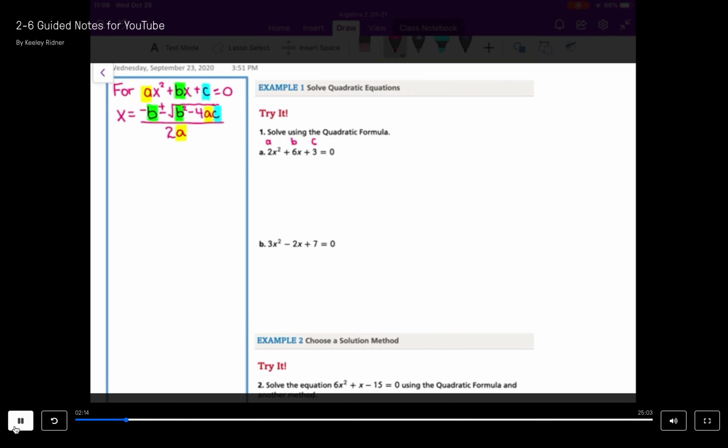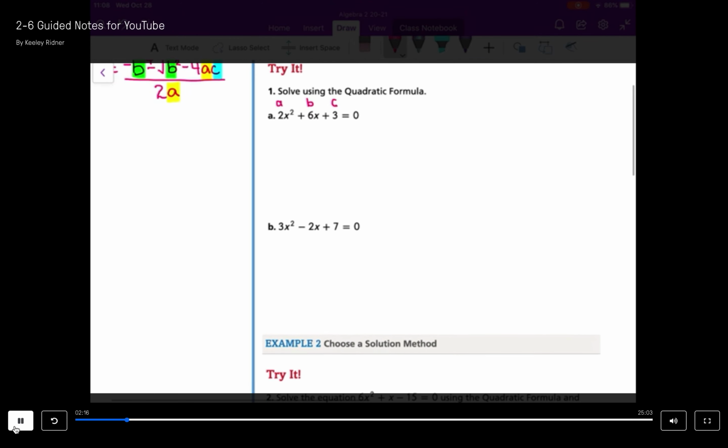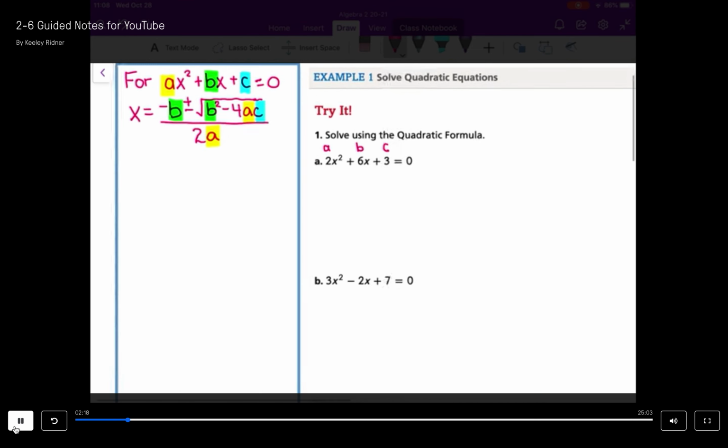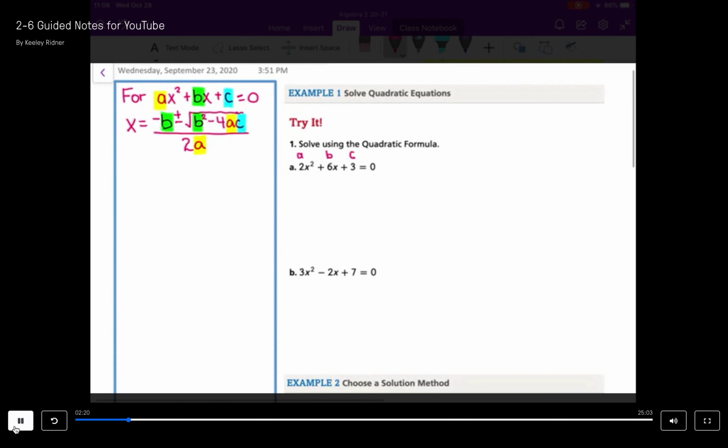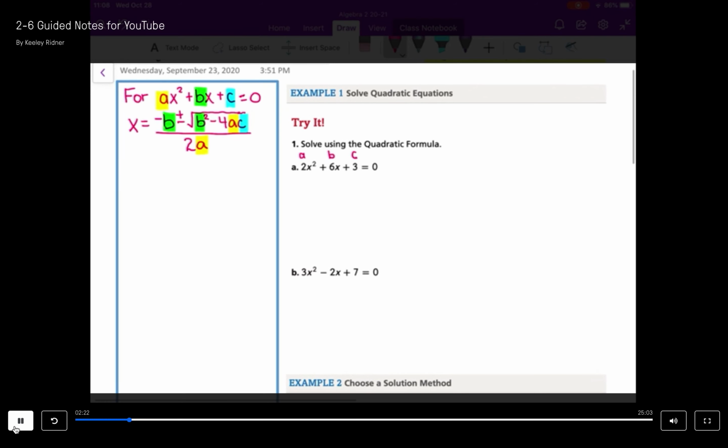Okay. So -b is sometimes referred to as opposite b. Right now, b is 6. Opposite 6 is -6. Plus or minus square root 6 squared. Anytime I substitute that in, I'm going to put parentheses.